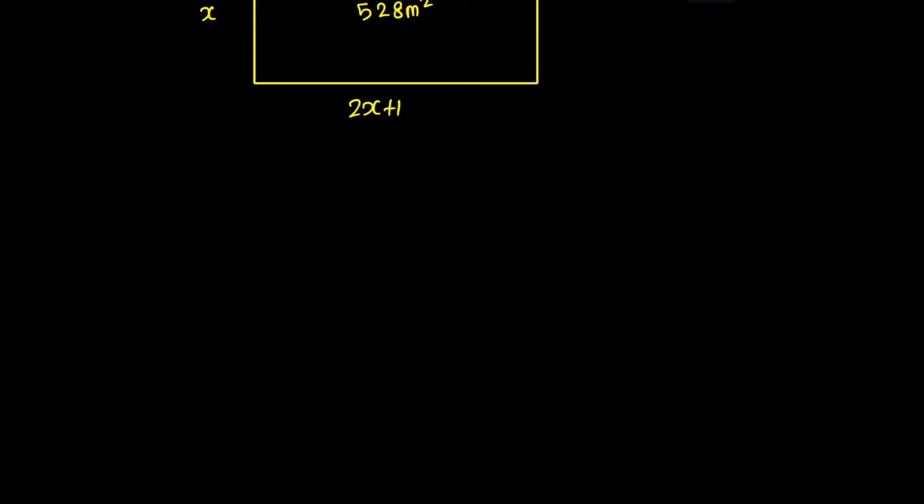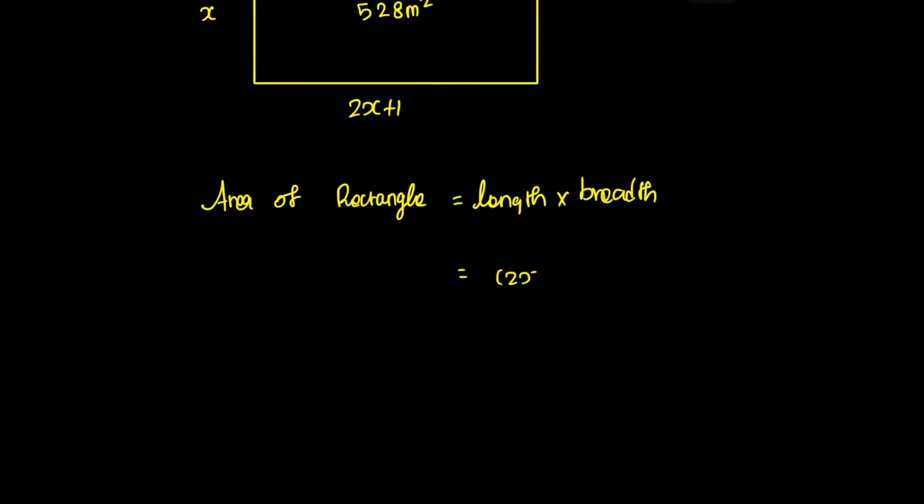So what's the formula? Area of rectangle is length times breadth. So this is equal to 2x plus 1 times x.